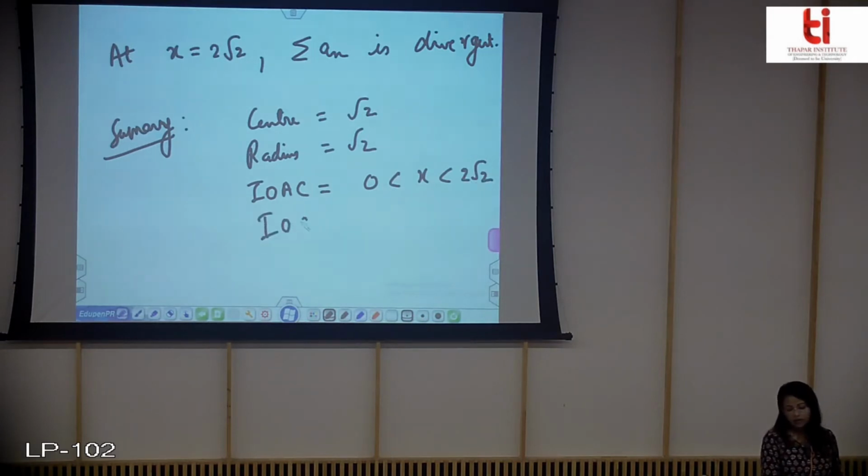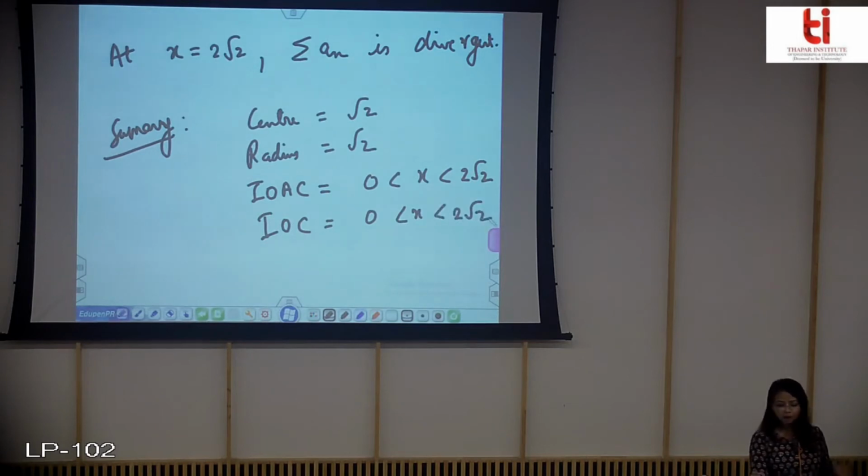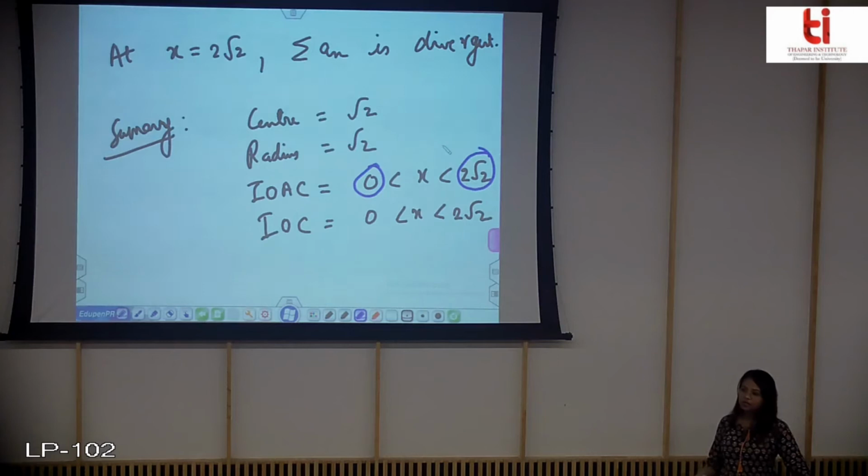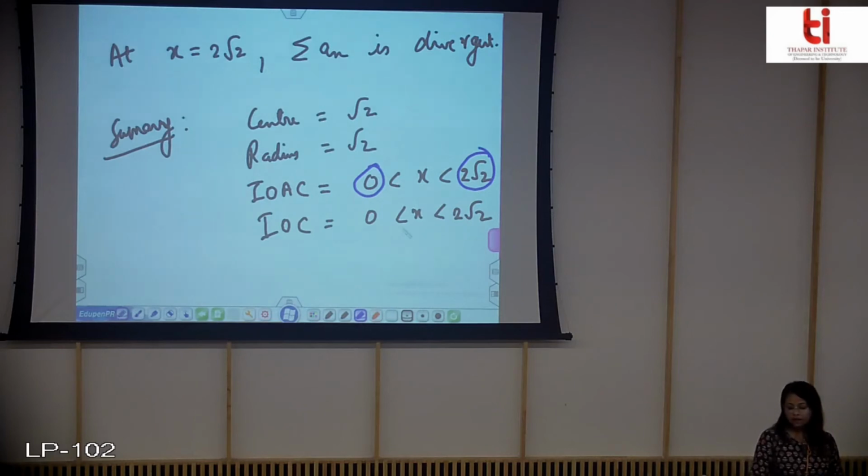And the interval of convergence is also equal to the absolute convergence, because we have seen that at these end points our power series diverges. It neither converges conditionally also. So we will not add the equality over the end points.